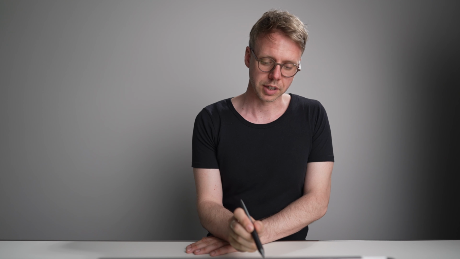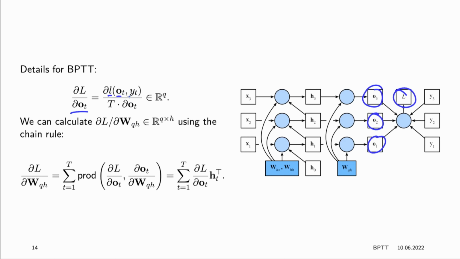Because our loss is just a sum over all the little l's that compare the t-th output to the t-th label, we get this as the gradient of little l at time step t divided by capital T, because we're taking the average over T total time steps. So we have the gradient of little l with respect to the t-th output for each of these time points.